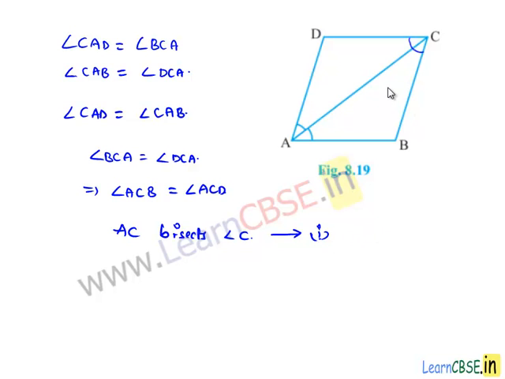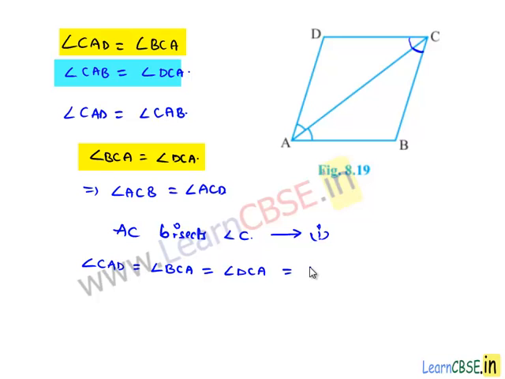And secondly, we came to know that as angle ACB is equal to ACD and angle CAD is equal to CAB, we can equate angle CAD is equal to angle BCA is equal to angle DCA is equal to angle CAB.